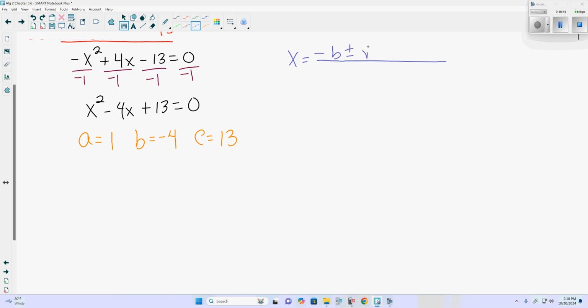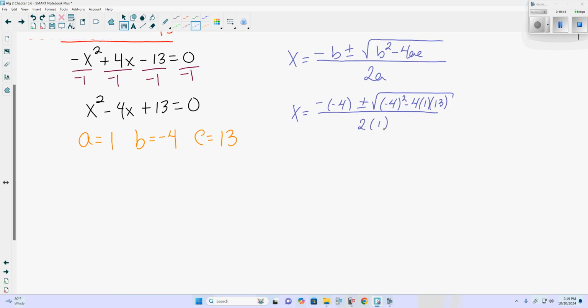Negative b plus or minus the square root of b squared minus 4ac all over 2a. So x is equal to -4 plus or minus the square root of -4 squared minus 4 times our a value of 1 times 13 all over 2 times 1. So it gets that negative out of the bottom of the fraction. We don't have to worry about fixing that negative later.